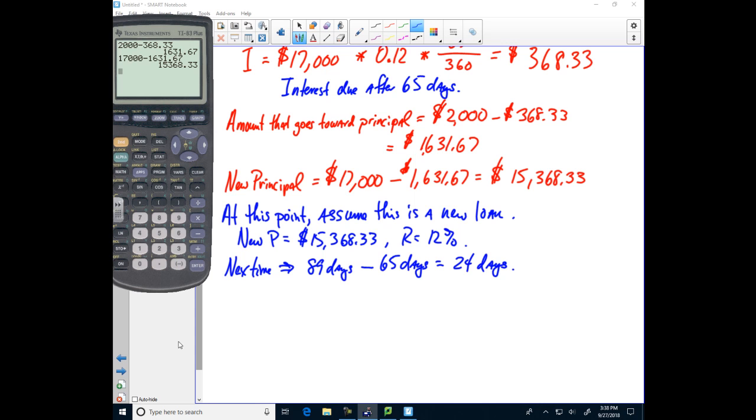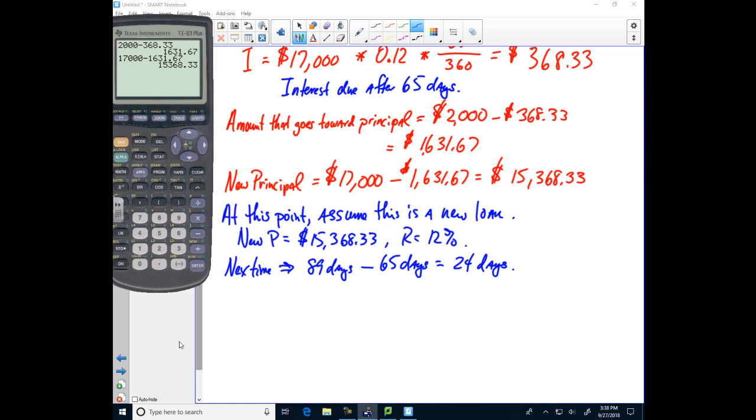Think about why that is so. On day 65, he made a payment. We did the calculations. We know what he owes going forward. On day 89, from the original starting point of the loan, he makes another payment. Well, that means he's had this $15,368.33 for 24 days. Okay, so that's what we use to calculate the time on this next part.